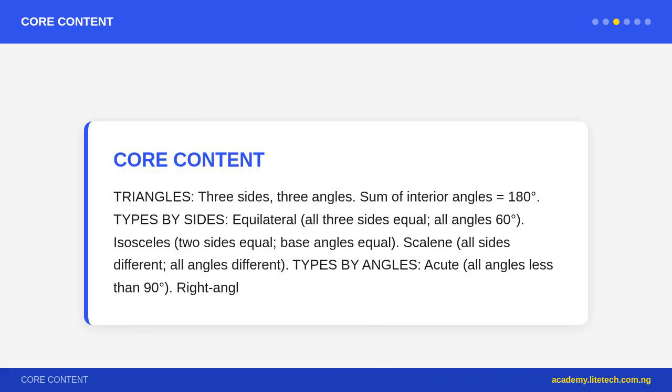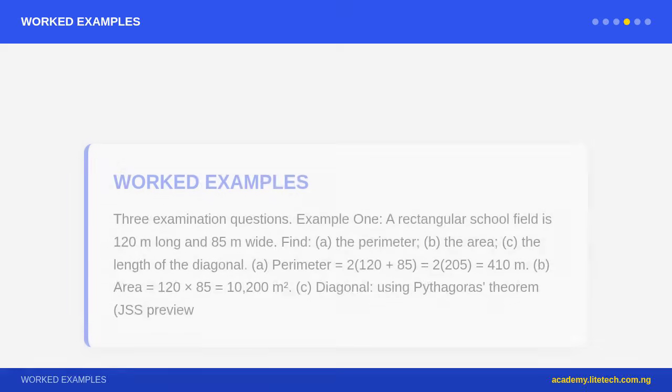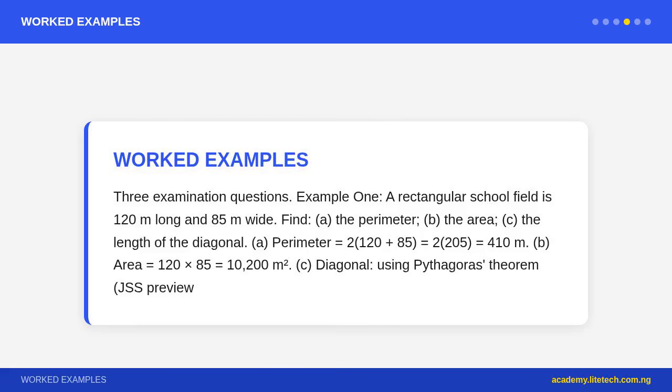Circle. Radius, the distance from center to circumference. Diameter, d, equals 2r. Circumference equals 2 pi r equals pi d. Area equals pi r². Pi is almost equal to 3.142 or 22/7.